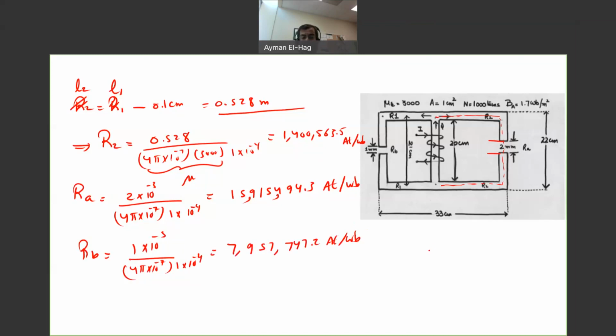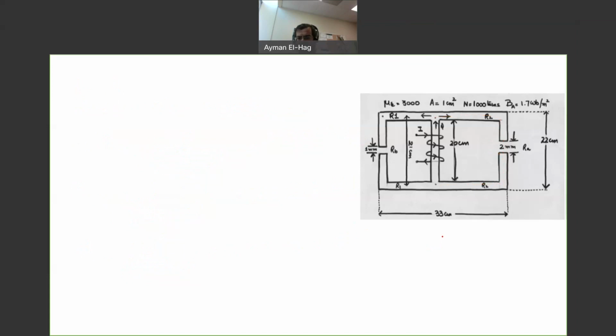Now let's draw the circuit again. So this is my circuit.